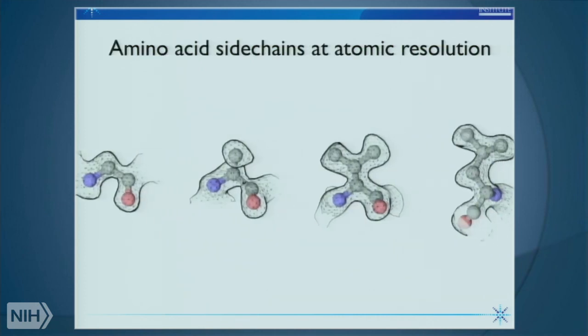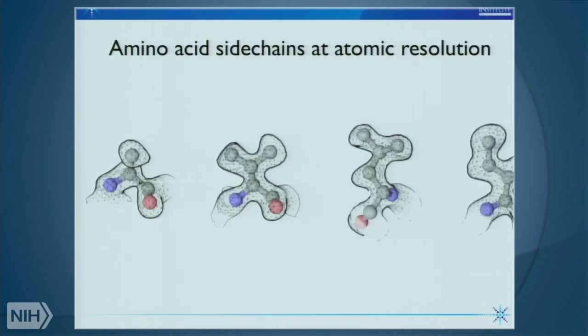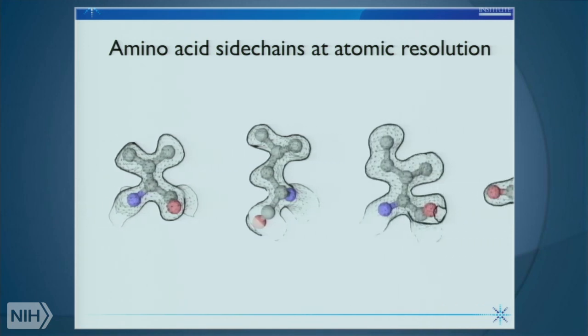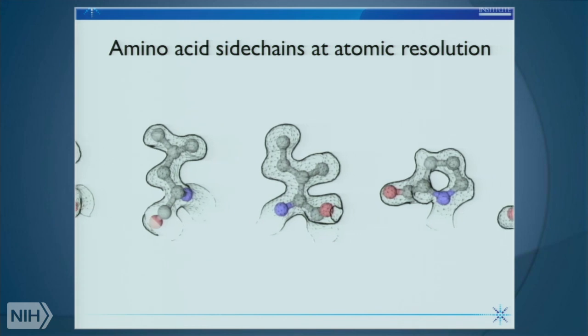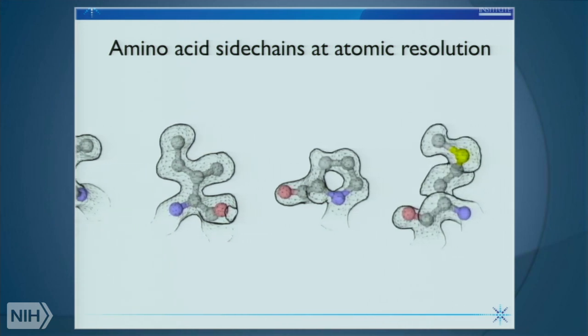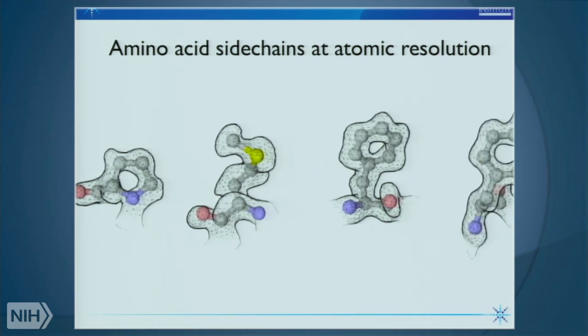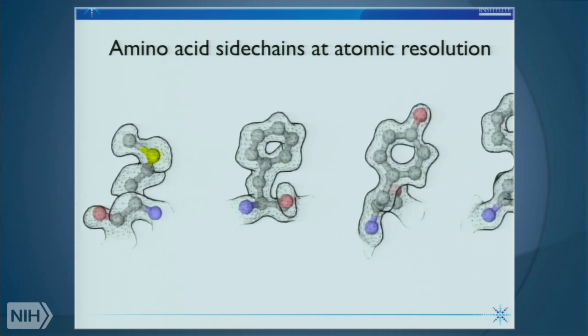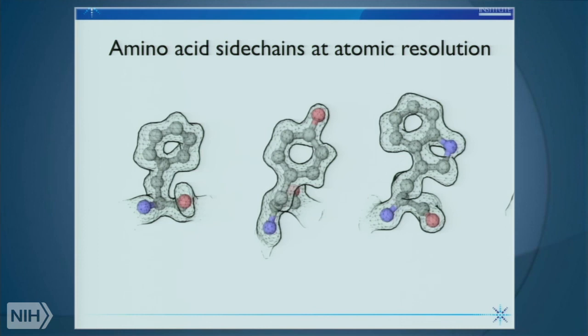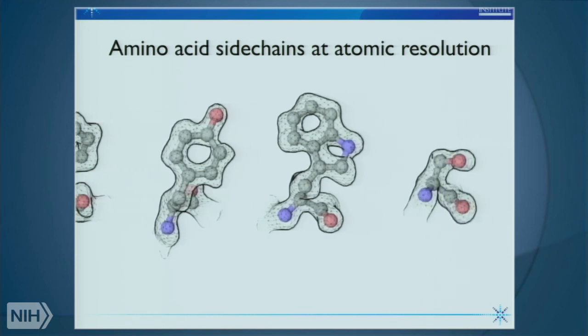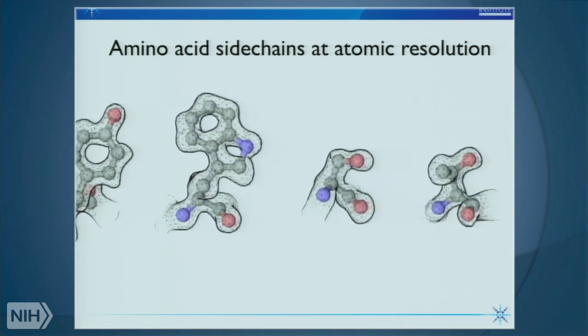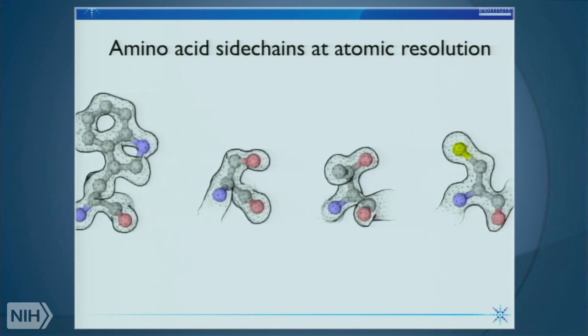A way to illustrate this is in this animation, where I'm showing you examples of each type of amino acid where the density is very, very clear and follows the shapes, the individual contours of these non-hydrogen atoms. You can see this also for aromatic residues in particular, where the holes in the middle of these rings of tryptophan, for example, are clear.